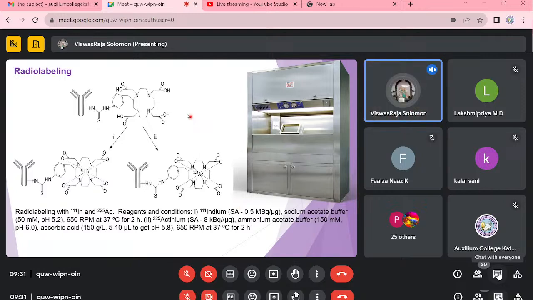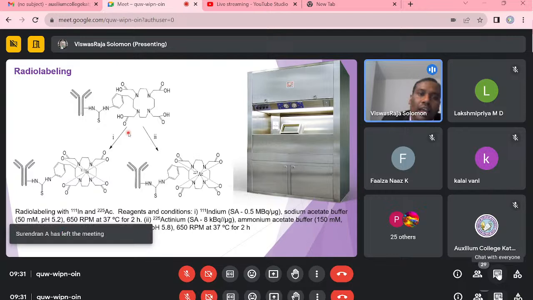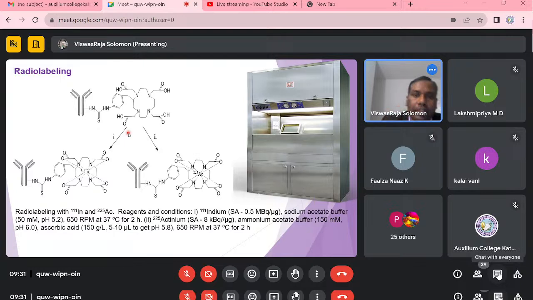Based on this, we found the optimal reaction condition: if you take 20 microgram of our antibody, we have to take 10 megabecquerel of activity, and pH 5.2 is the best to obtain a good radiochemical yield. I will discuss what radiochemical yield is in the next slide. Again, as I said, these are radionuclides or radioisotopes. They emit energy.